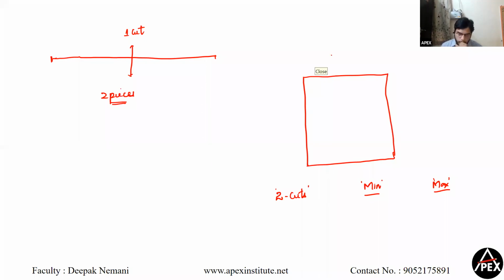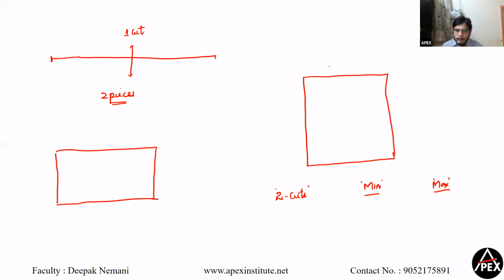4. Now let us understand the logic behind this. When will we get minimum and when will we get maximum? Let us take two cases. I have rotated this paper. So we need to make two cuts, isn't it?